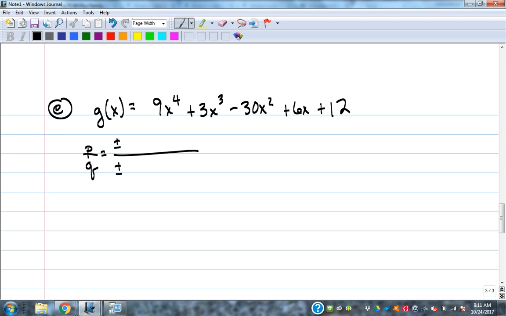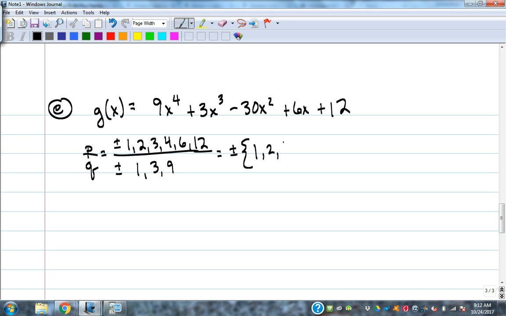What goes on the top? Factors of what? 12. What are the factors of 12? Okay. What goes on the bottom? Factors of 9, which is 1, 3, and 9.